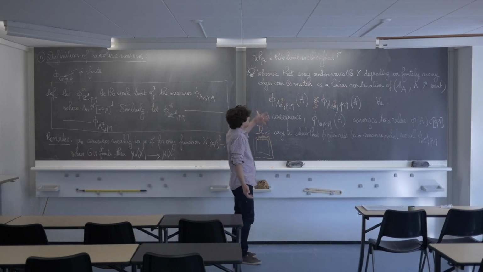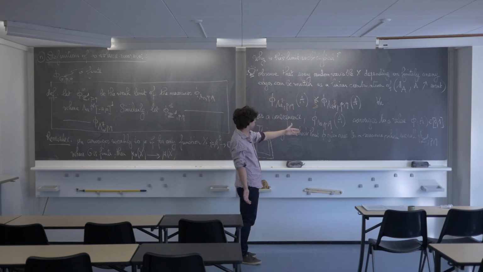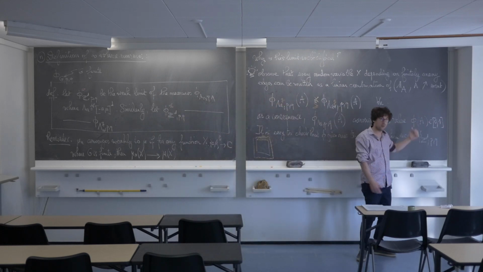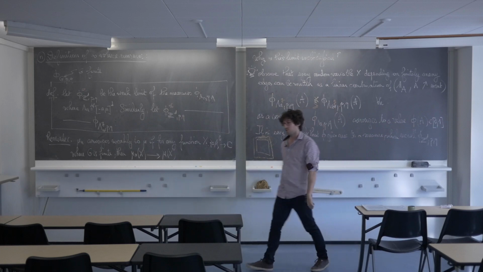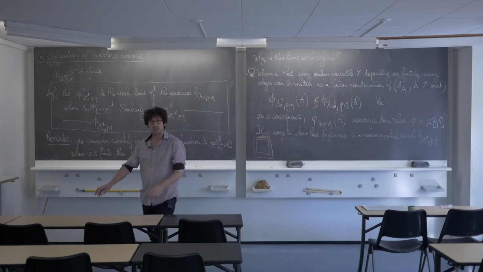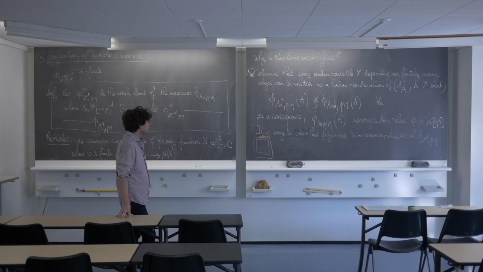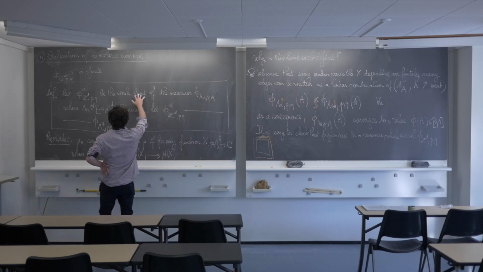And now this sequence is a decreasing sequence, so you can also make sense of the limiting value, and then the coherence of the limiting value follows from the same reasoning as for the first one. Okay, so that justifies the fact that the weak limits exist.